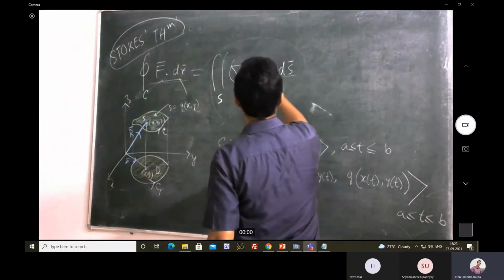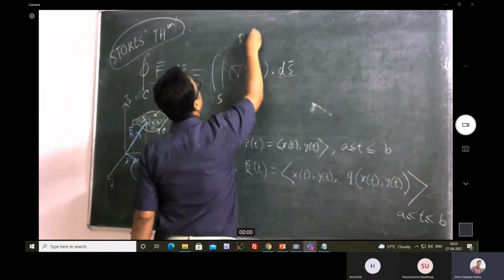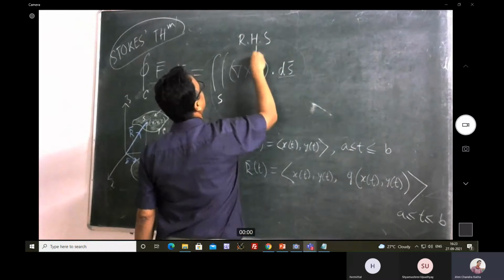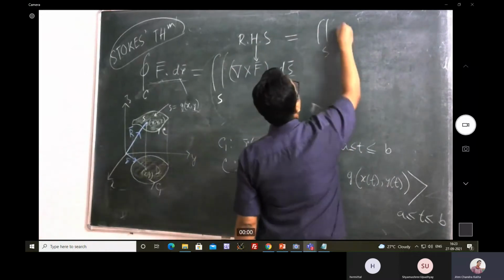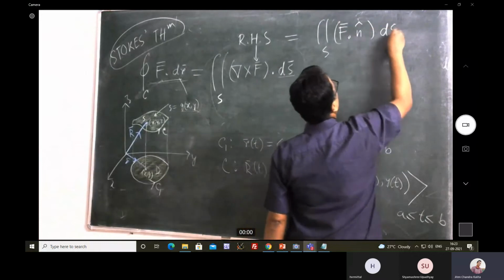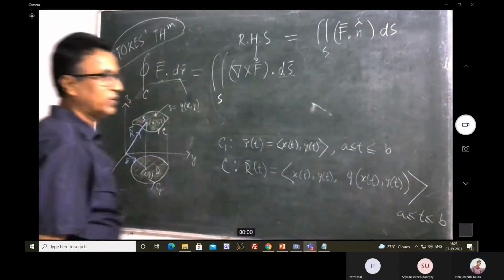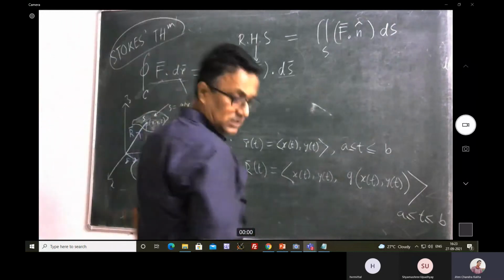So you know the right hand side. This is my right hand side. Right hand side eventually is simply the surface integral over S.